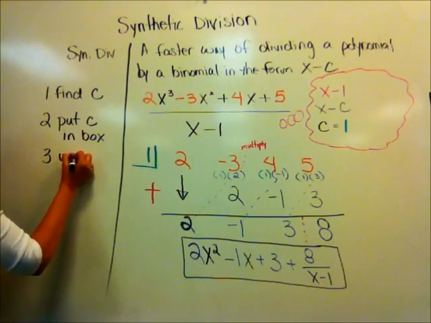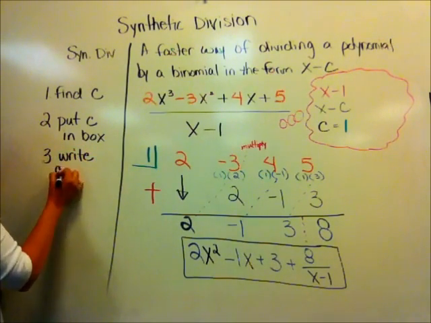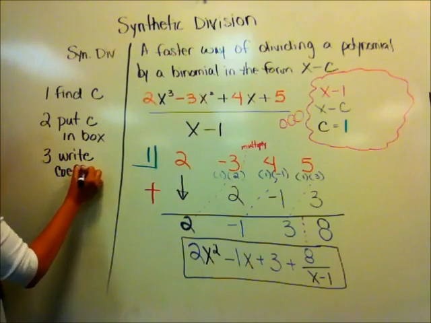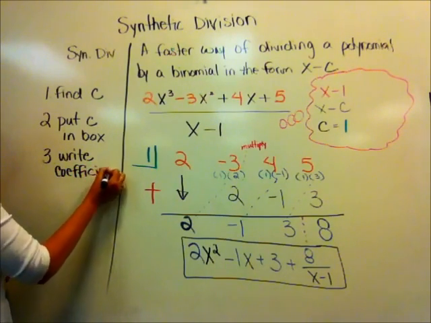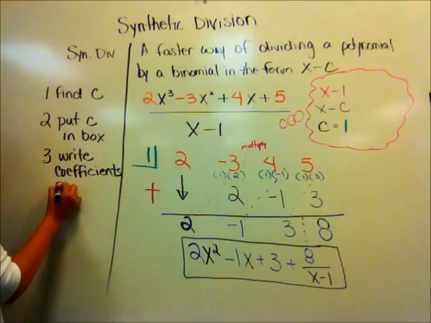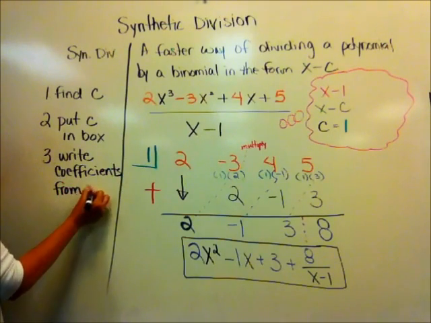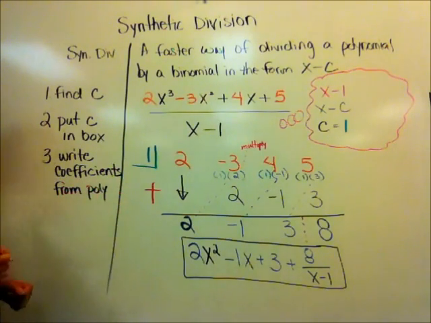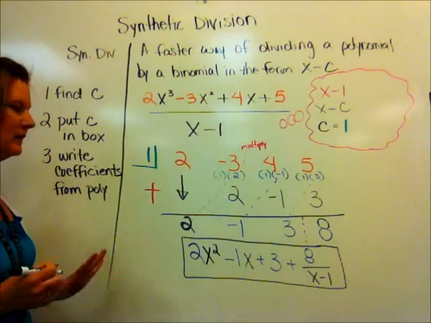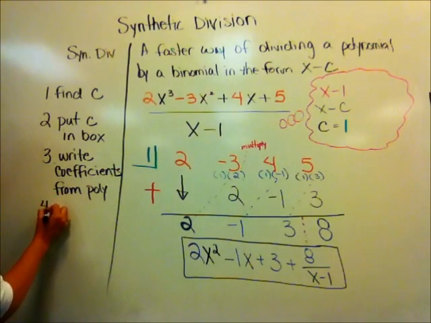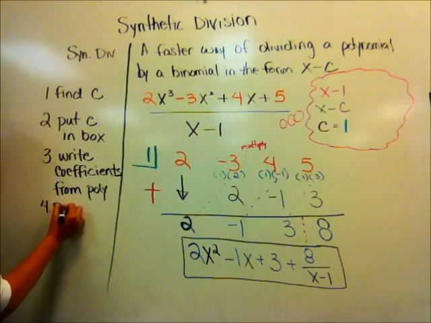So write coefficients from the polynomial. Okay, write your coefficients from your polynomial. And then number 4, bring down first term.